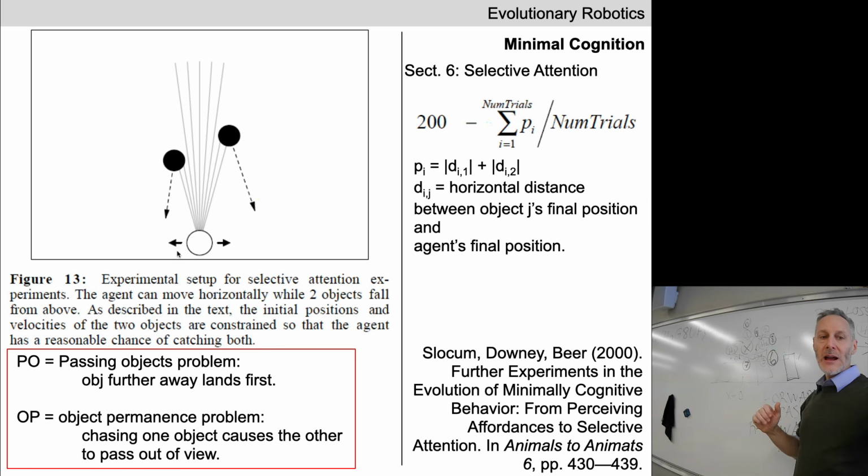So this agent, or this CTRNN inside this agent, has to reason about, think about things that are happening in the future. Which one is going to hit the ground in the future? This robot is going to be capable of prospection.